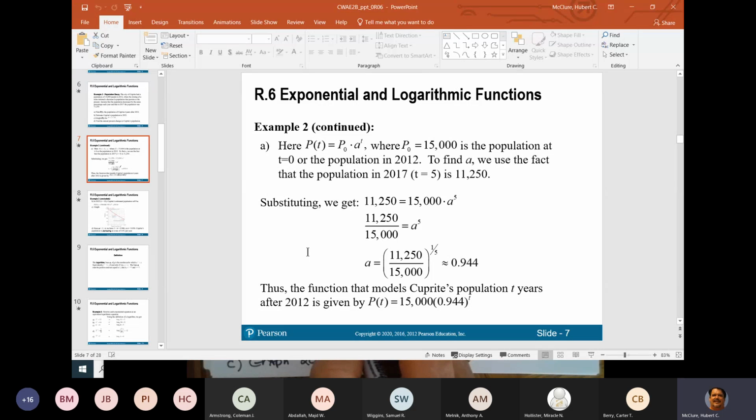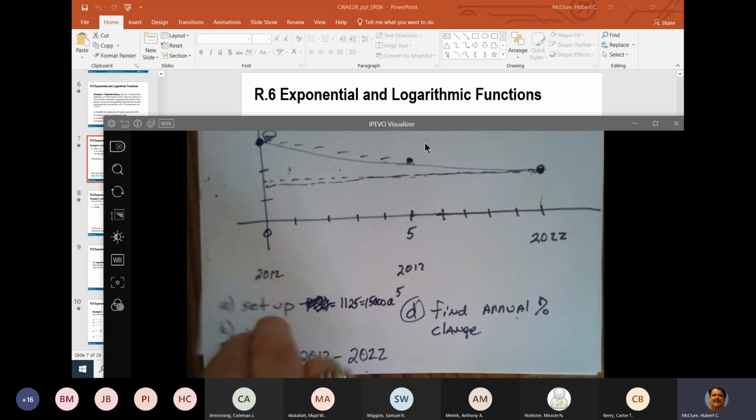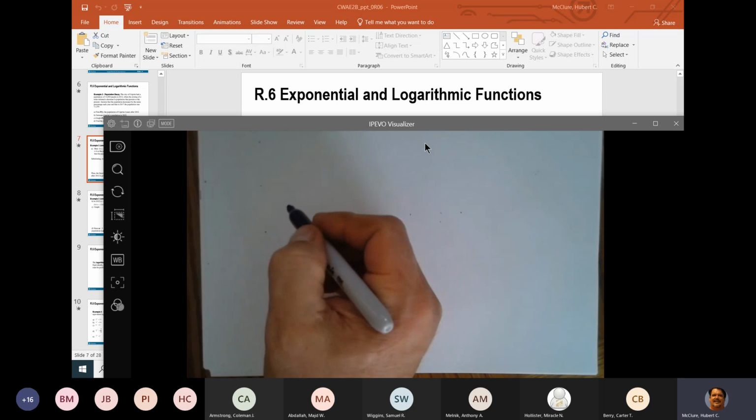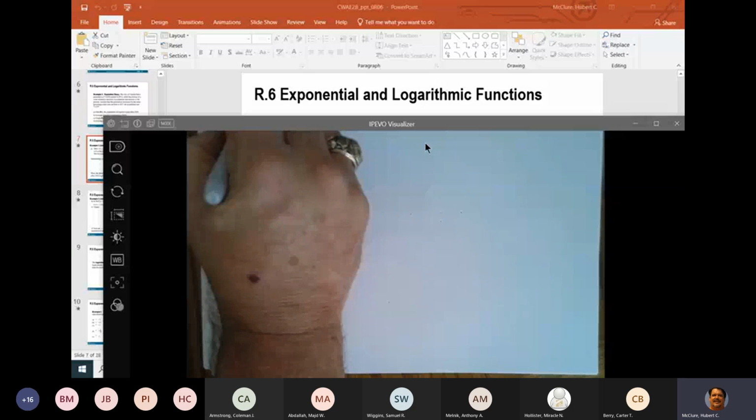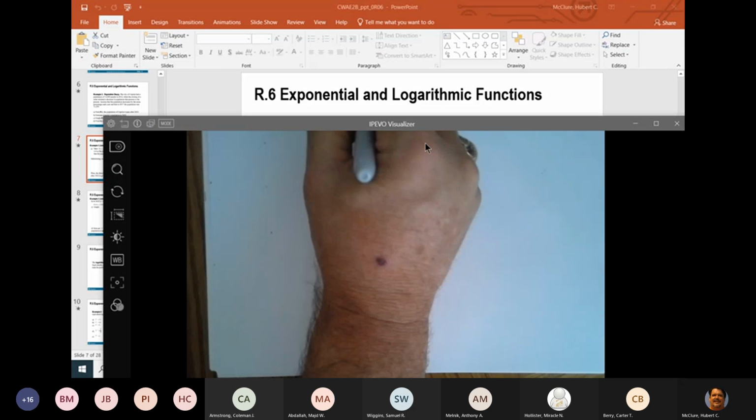So 11,250 is equal to 15,000 A to the 5, and you're going to solve that. And they're showing that you solve it right here. I'm going to draw it on the next page. So 11,250 is equal to 15,000 A to the 5th power.